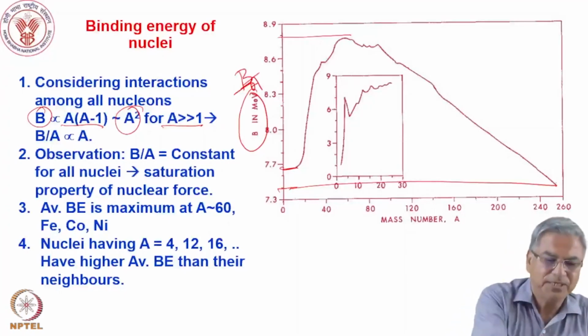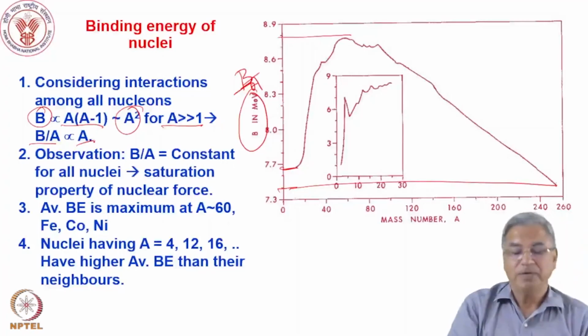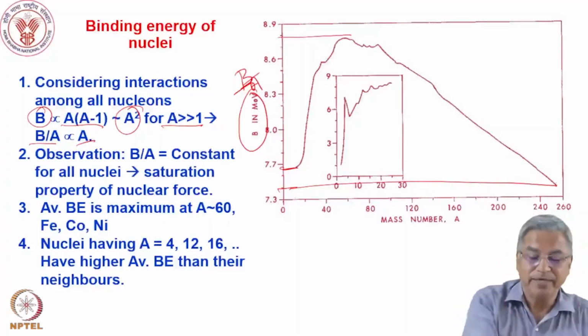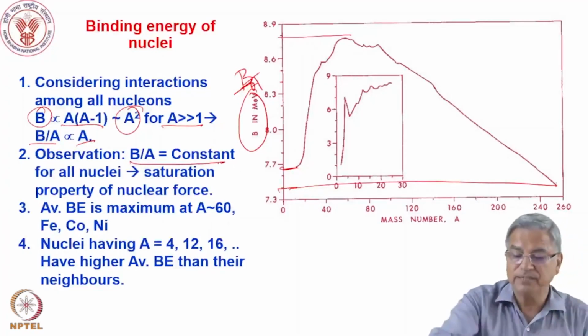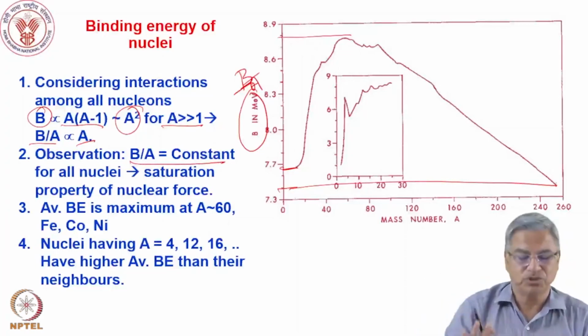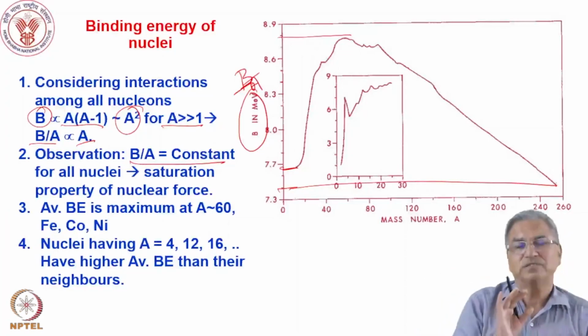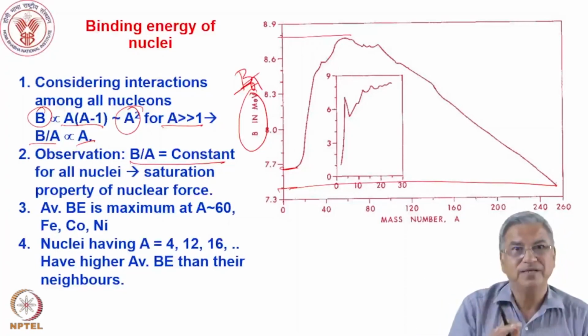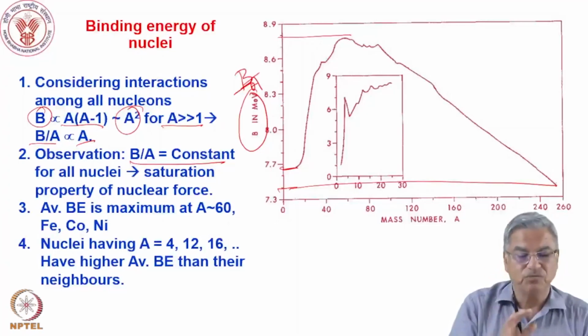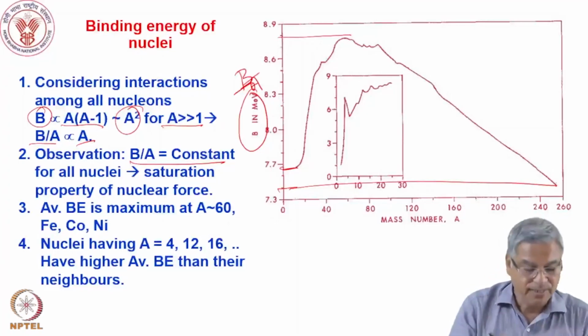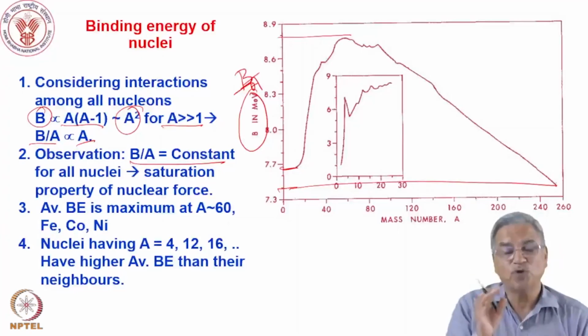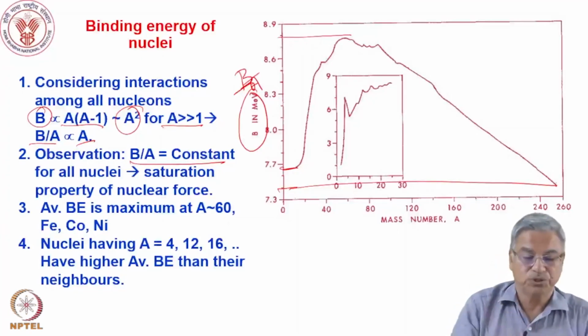And in that case, B by A should be proportional to A. But actually what we get is that B by A is constant, assuming that 7 to 8 is fairly constant. So this is a very important observation, that the average binding energy of all nuclei is nearly constant. That tells about the saturation property of the nuclear force.